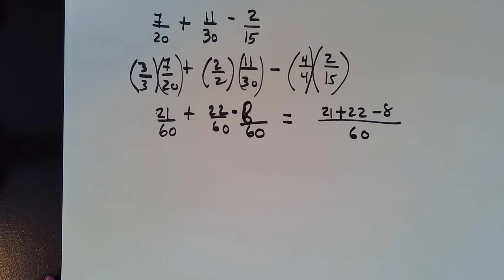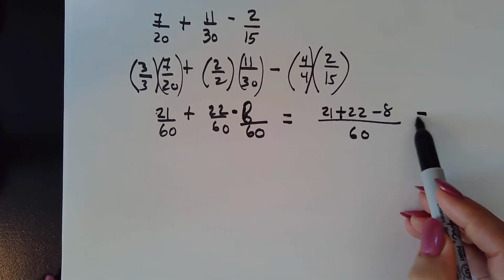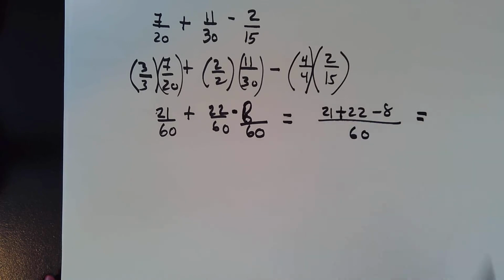21 plus 22 minus 8 over 60, which when you do the math here and you add 21 plus 22, that's going to give you 43, right?